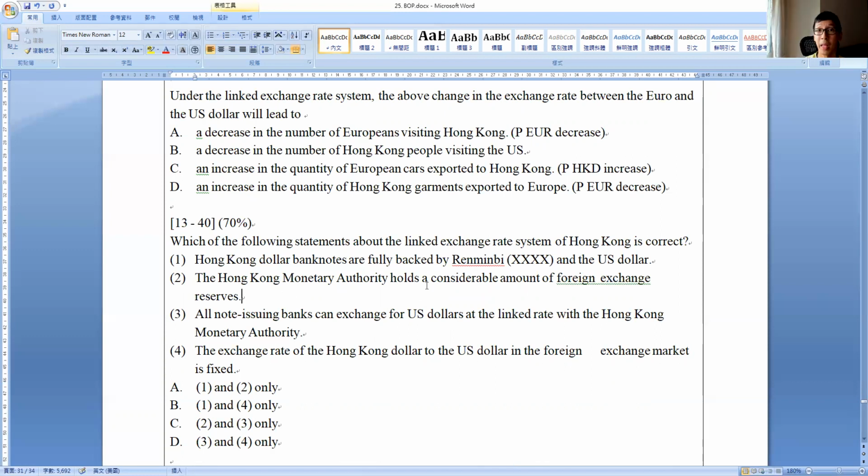Like what I talk about, because when banks fail to work on the mechanism, HKMA will need to do it by themselves, right? So they need to hold a lot of money. Number two, correct. Number three, note issuing banks can exchange US dollar at a linked exchange rate with HKMA. Yes, this is a promise. 1 to 7.8. 2 and 3, answer C.